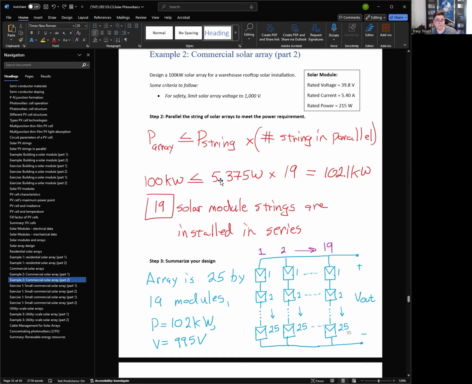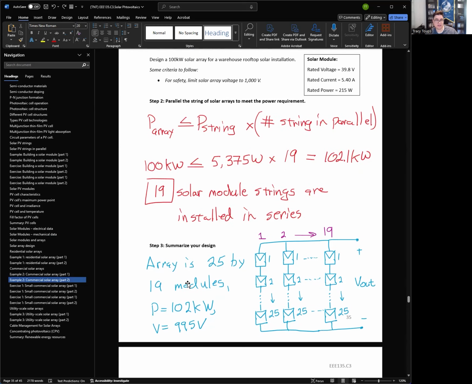So to be exact, 5,375 watts times 19 is 102.1 kW. So that's the whole power of our entire unit. Okay, so we're going to put 19 solar module strings in parallel. So the question is, what does it all look like? Well, the array is going to be 25 by 19 modules. We're going to put 25 in series, and then we're going to parallel them 19 times.